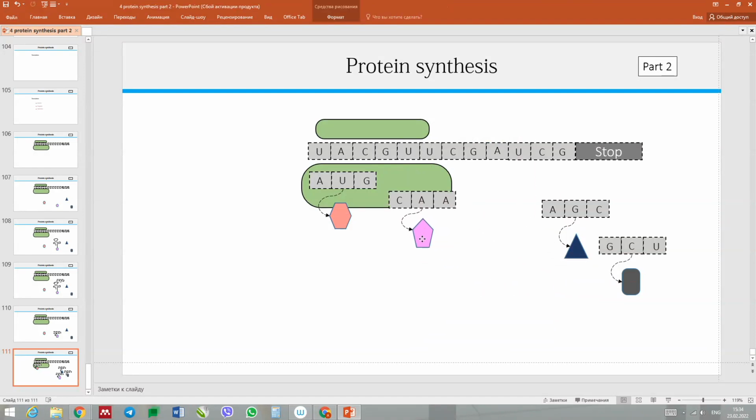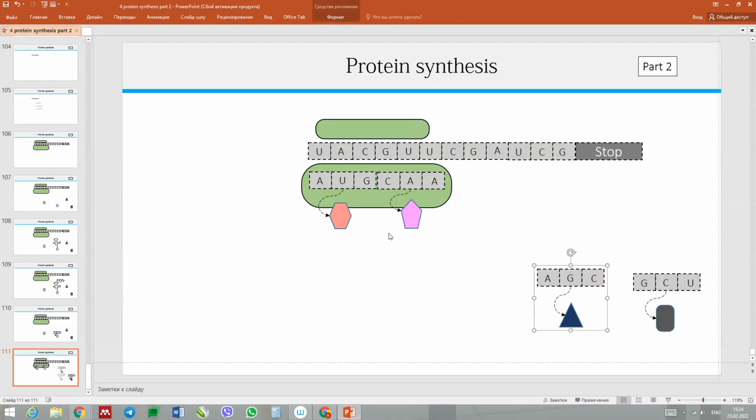And this will be this one. You see? Guanine complementary to cytosine, adenine to uracil, adenine to uracil. And now we have here inside of the ribosome one amino acid and another amino acid.